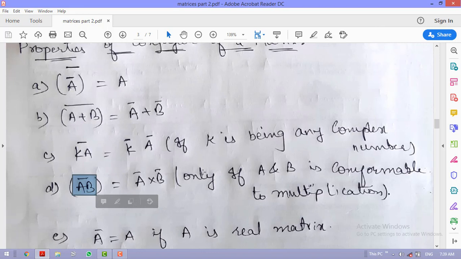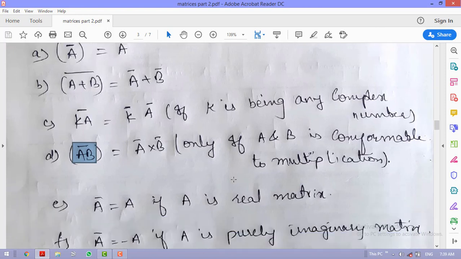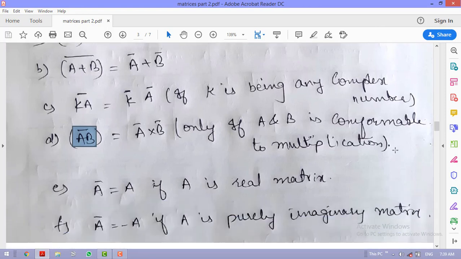Here you can also see that I wrote only if A and B are conformable or compatible for multiplication. That's an obvious thing, I don't have to write it over here, but for your information I just wrote it.